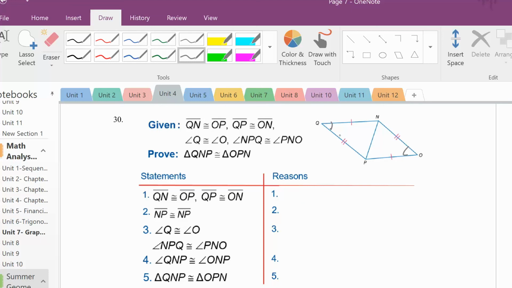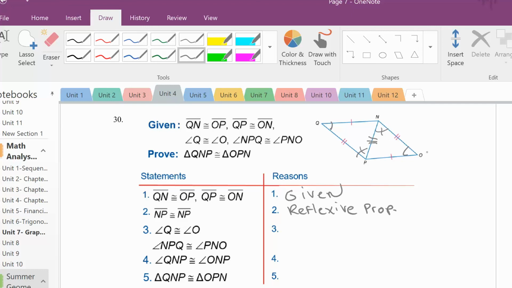And it says angle NPQ, so NPQ is right here, is congruent to PNO over here. So then the reason that QN is congruent to OP and QP is congruent to ON is that's given. Now NP is congruent to itself. That is the reflexive property, when something is congruent to itself.